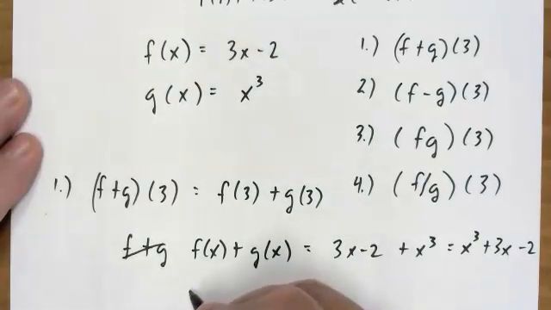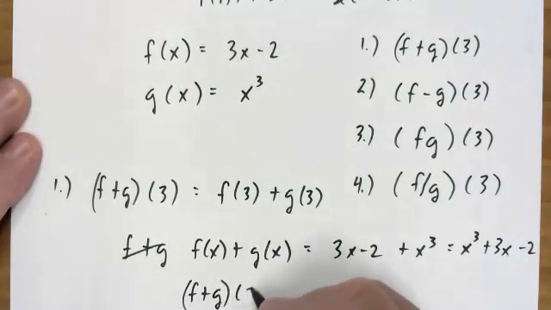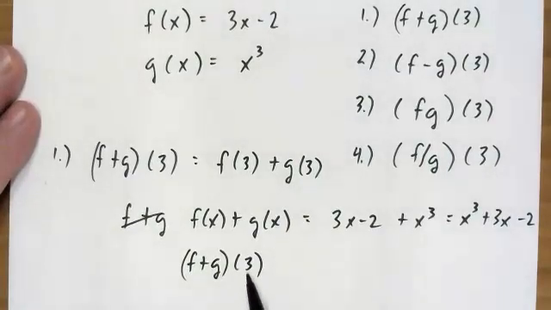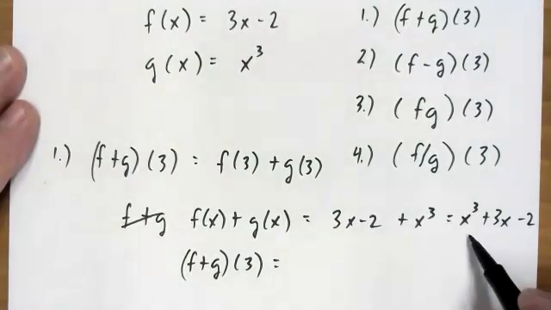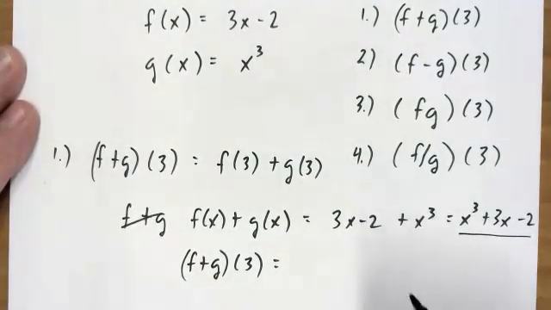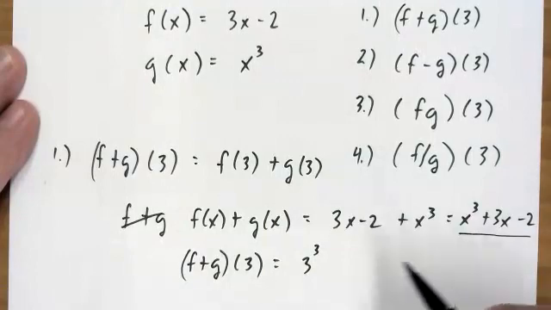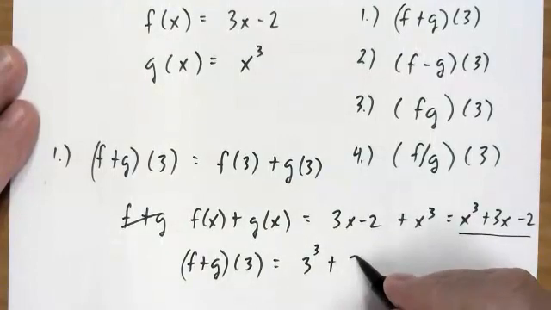And then if I want to take f plus g evaluated when x is 3, I've already added f and g together, which is this. So I could just plug in 3. So x cubed becomes 3 cubed, plus 3x.